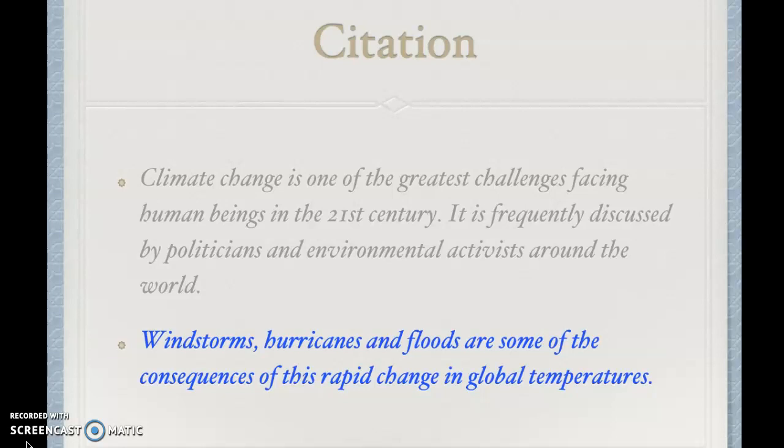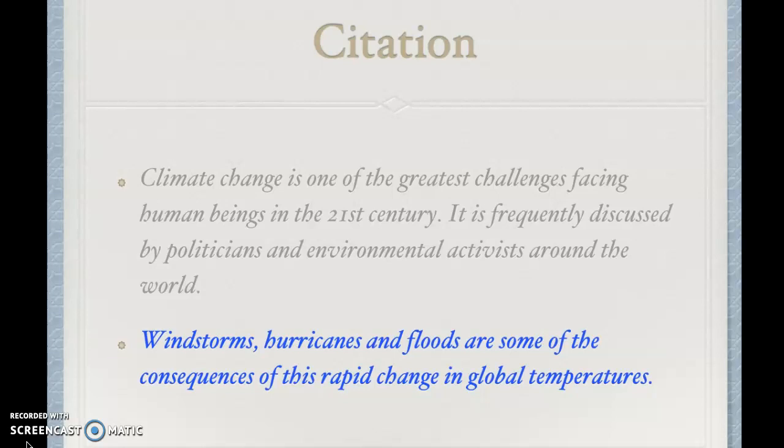So then what happens is I have the first 2 sentences that I'd already written. And then by reading different parts of the book, so it's not like I read a particular page or a particular paragraph. No, I read various chapters and I came to an understanding that windstorms, hurricanes, and floods are some of the consequences of this rapid change in global temperatures. So maybe there's a separate chapter for each.